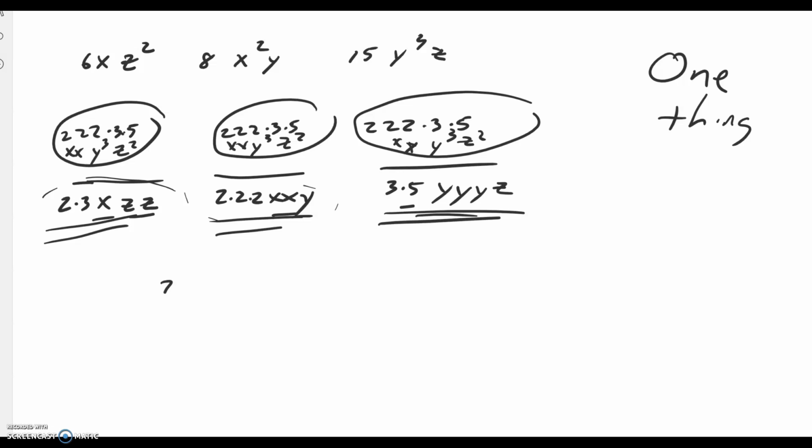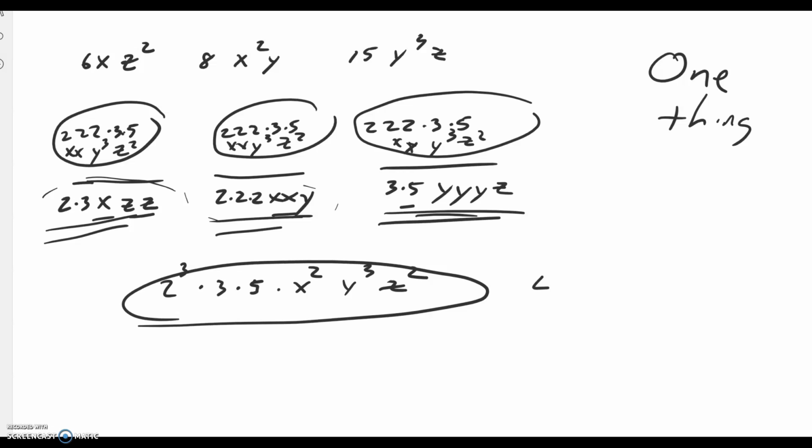So we're going to have 2 to the 3rd power, 3 2's, times a 3, times a 5, times an x squared, times a y cubed, times a z squared. That is the least common multiple, or if there were fractions in the original problem, the least common denominator.